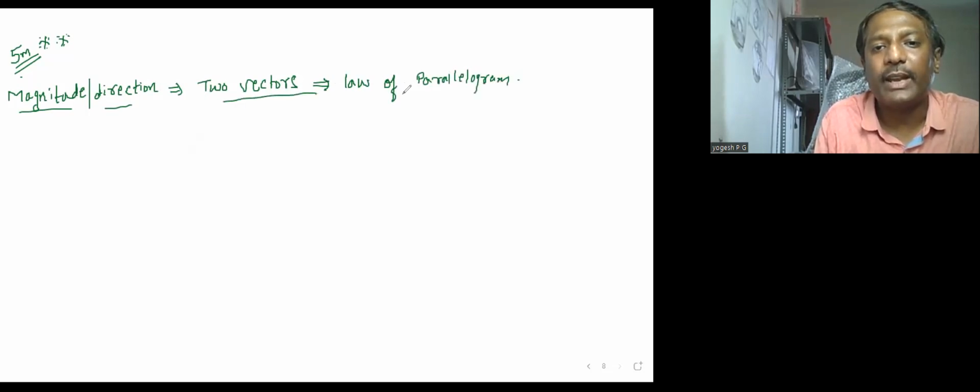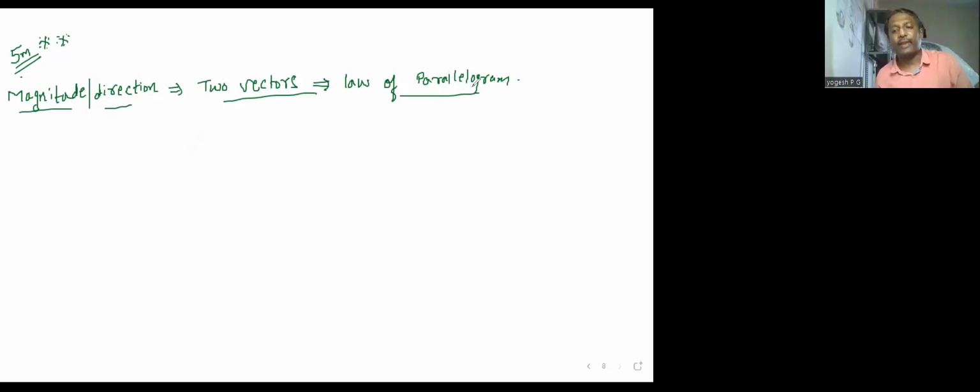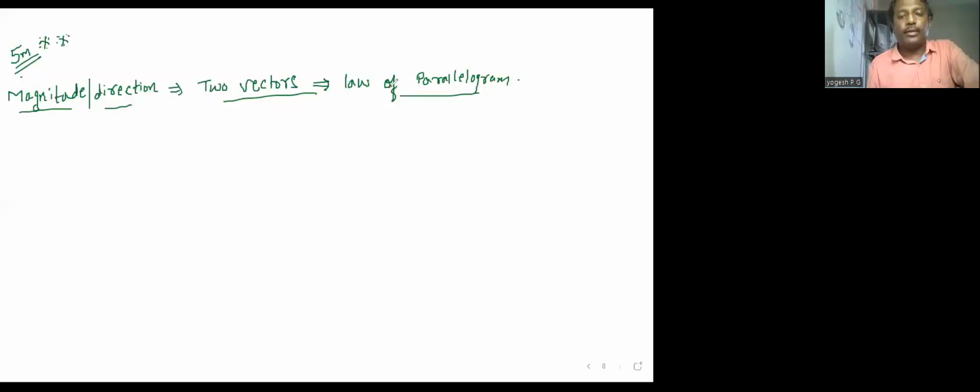Look at the question carefully. You have to derive an expression for what? Magnitude and direction of two vectors, using which method? The law of parallelogram.